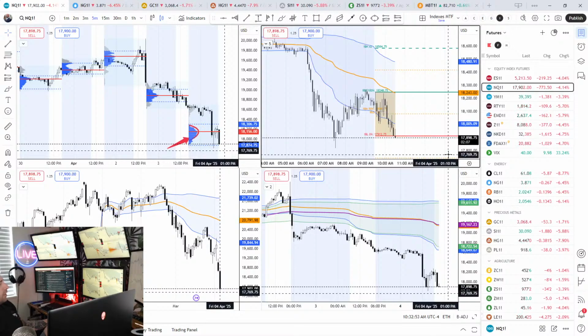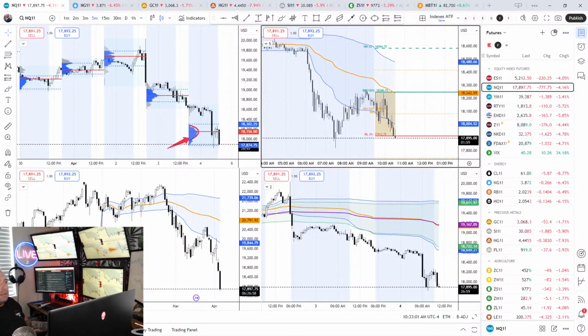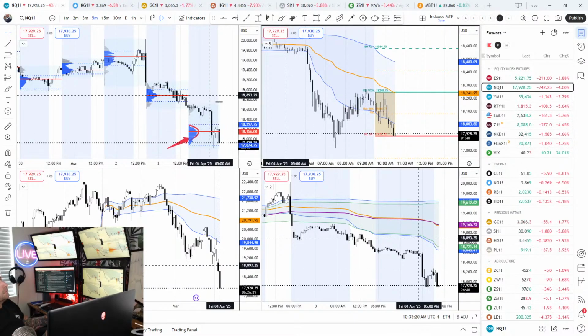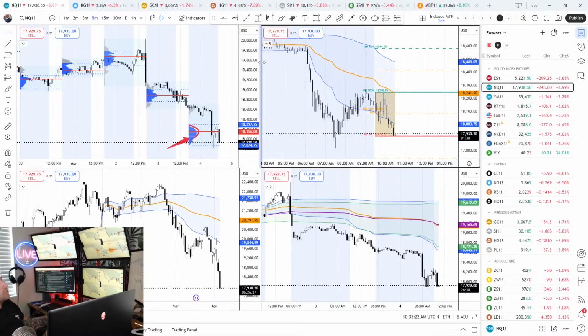If some of you guys are shorting this for the momentum play. Yeah, we're breaking the IB low here. Might be worth it. IB low bleed. See a quick retracement there.